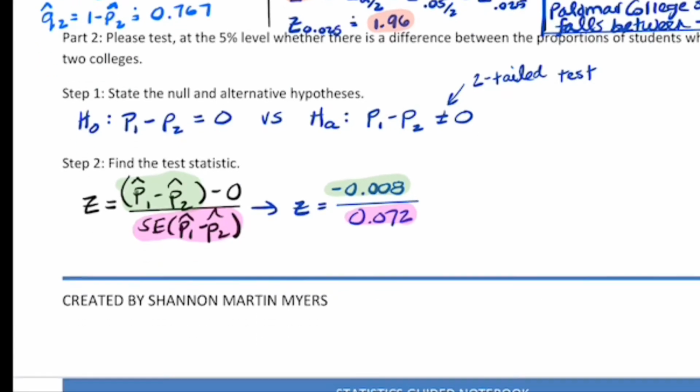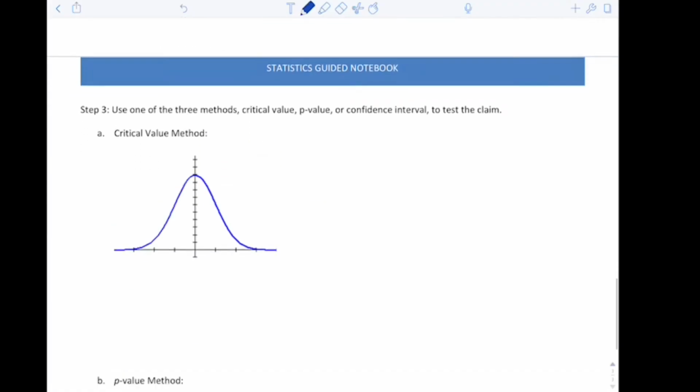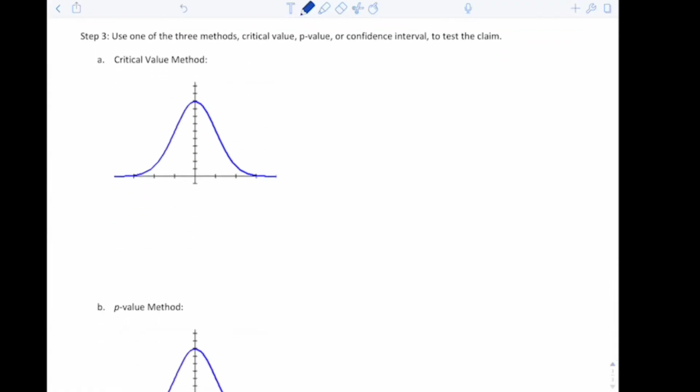All right, and so when we approximate this, we'll get z is approximately negative 0.12 to the nearest hundredth. Good so far?